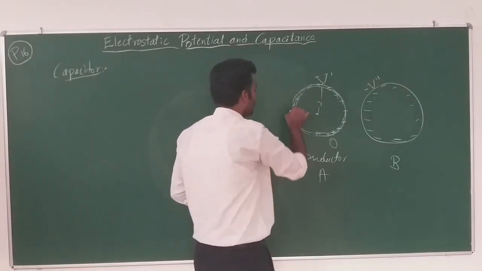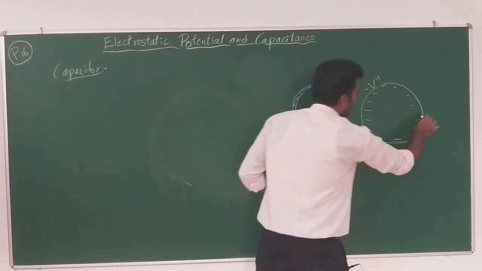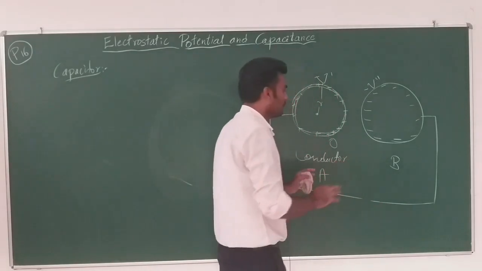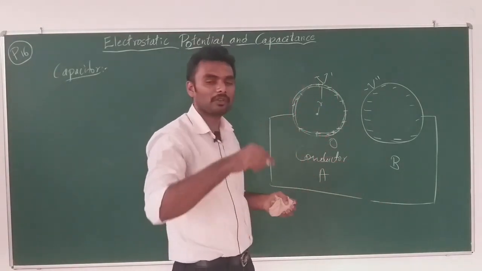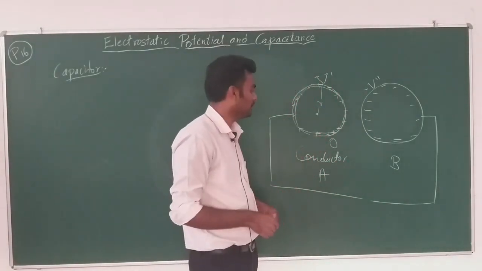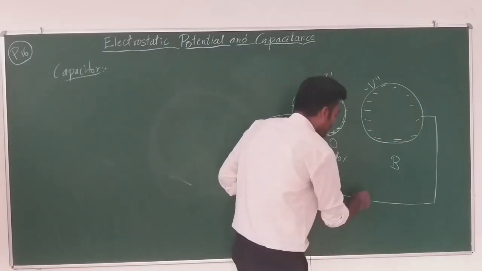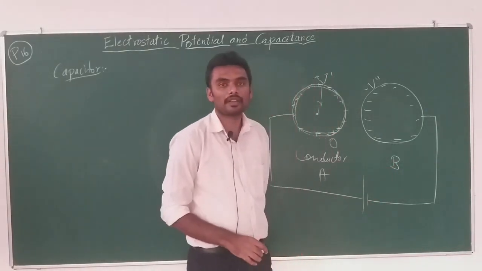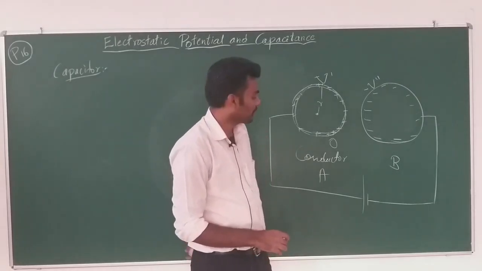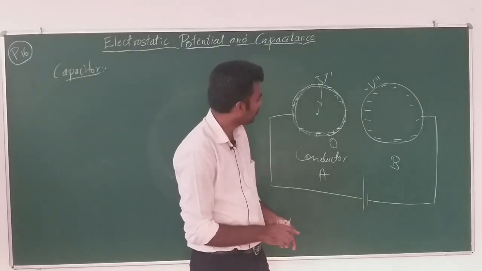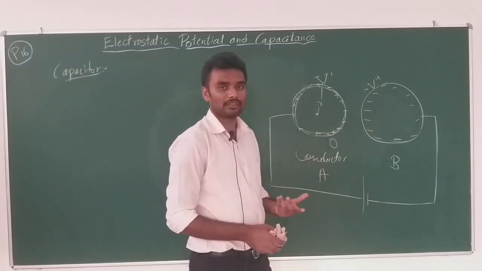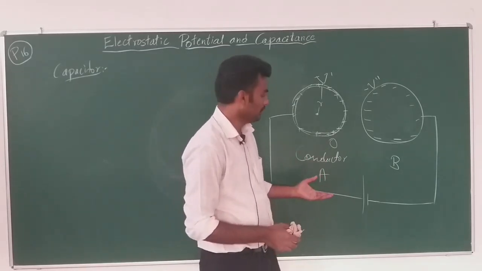Then what we did, we actually connected these two metal spheres, or these two metal bodies, not exactly spheres. Sphere is the shape where you can store the most charge, that is why we chose that. We connected them to a battery. What's the purpose of connecting them to a battery? A battery is something which can move charges, right? DC it can do.